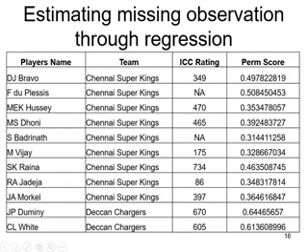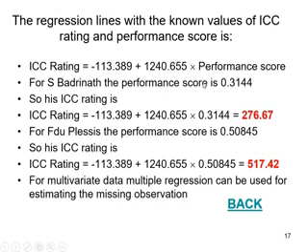As I told earlier, a simple method is to take the average of the other observations and replace it there. But another way is that, based on the ICC rating and performance score of the available players, we can fit a regression line. As you can see, we have fit a regression line: ICC rating equals this times performance score.